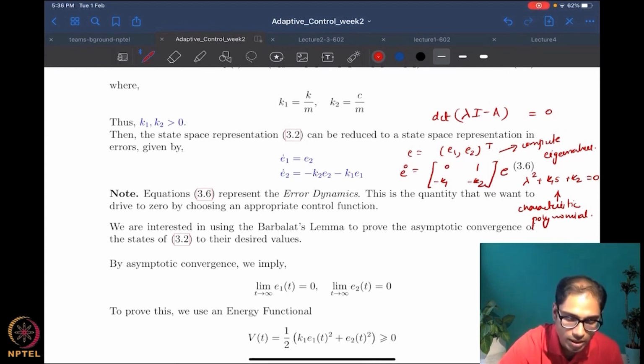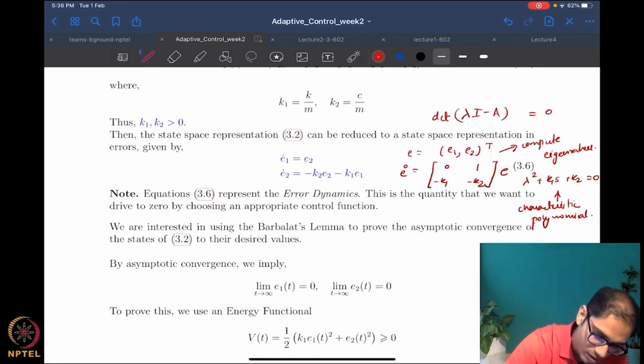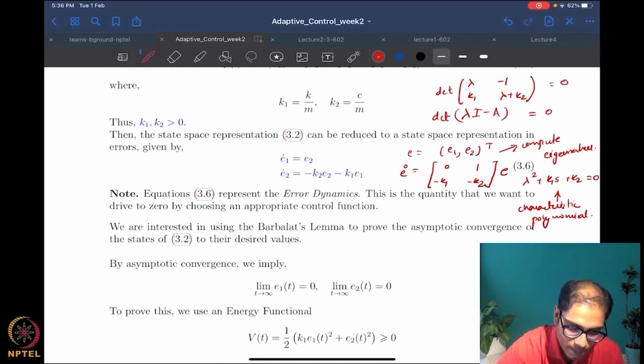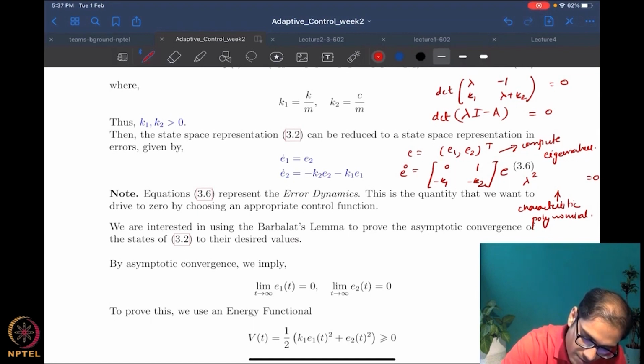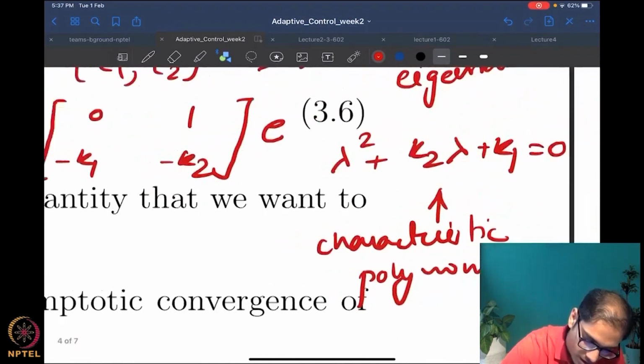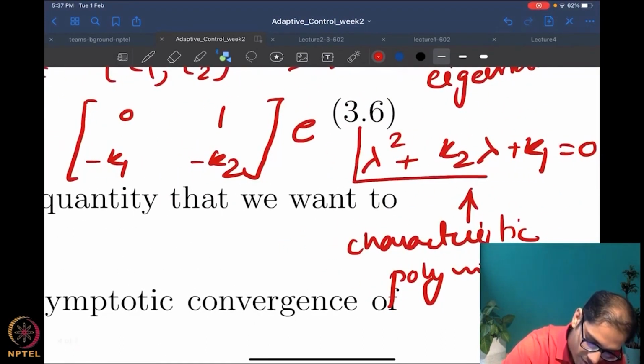I'm simply computing the determinant of lambda I minus A. So this is the determinant of [lambda, minus 1; k1, lambda plus k2], and that is what I'm equating to 0. So actually this is the other way around. You will get lambda squared plus k2 lambda plus k1. This is what you will get. Let me highlight this nicely.